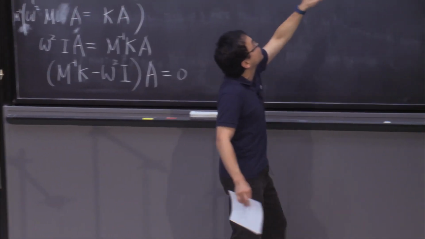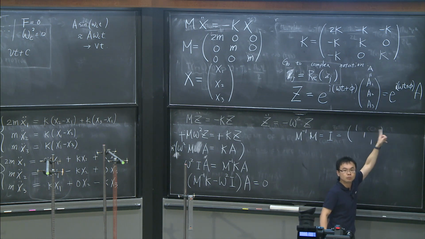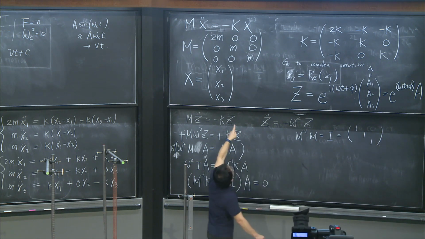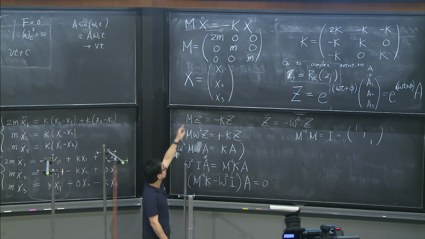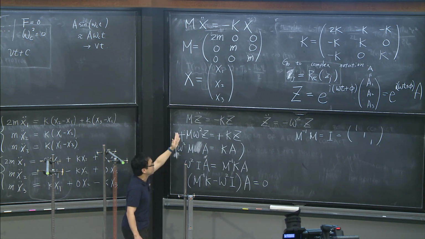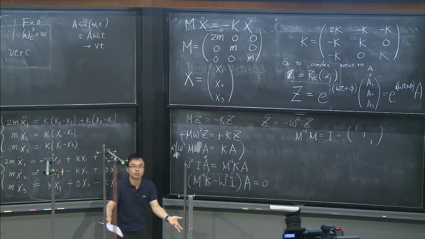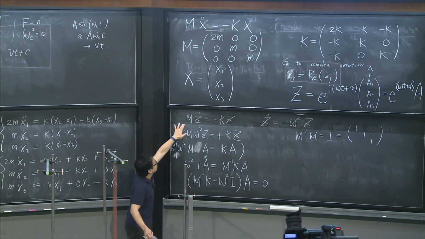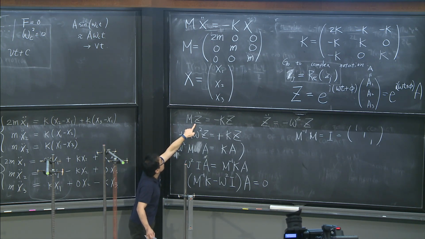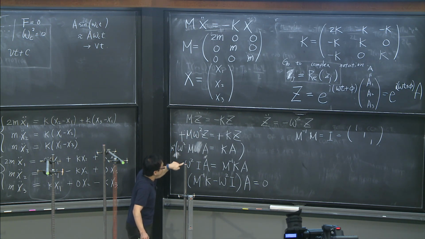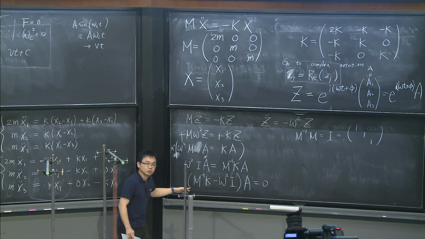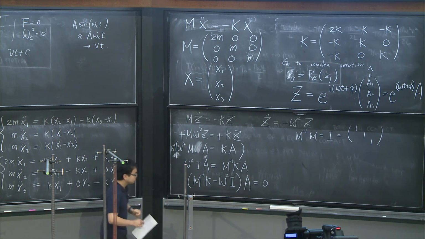That's my assumption, the definition of normal mode, then I plug it into the equation of motion. This is what we are doing to simplify the equation of motion. There's no magic here. If I plug the definition of normal mode into that equation, it brings you to this matrix equation.